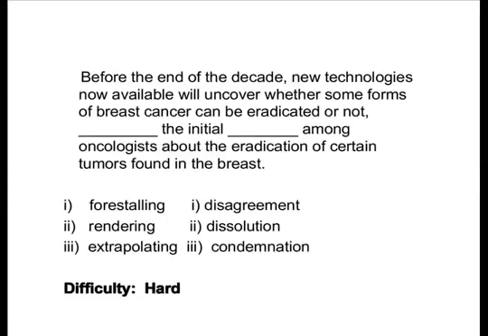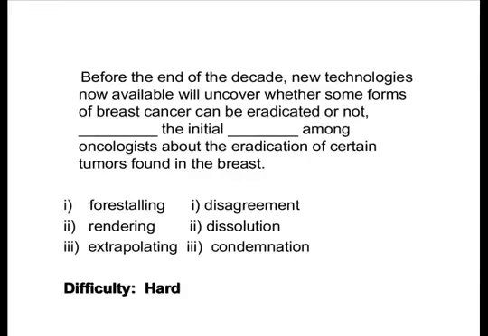Before the end of the decade, new technologies now available will uncover whether some forms of breast cancer can be eradicated or not, blanking the initial blank among oncologists about the eradication of certain tumors found in the breast. Okay, so we need to understand the sentence very quickly.